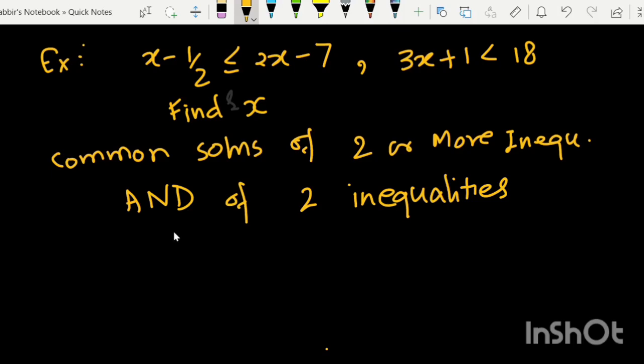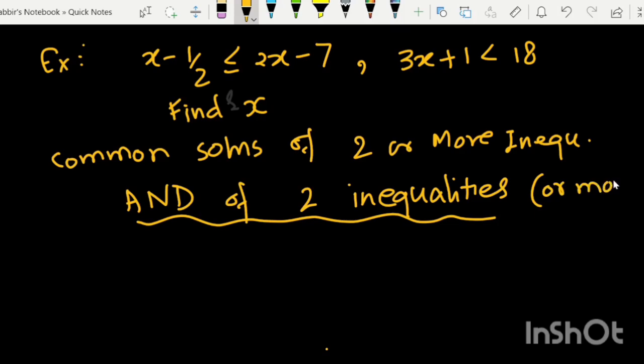You will start with two inequalities, and we can generalize it for more. So, 'and' of two inequalities, this concept is what we have seen in sets, and is basically this inverted U symbol, 'and'. So 'and' of two inequalities is basically common solution of the two inequalities.